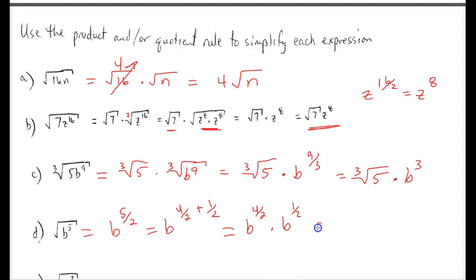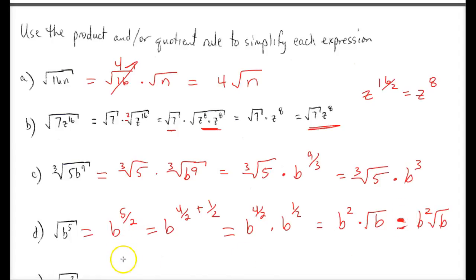And then from here we know that b raised to the 4 divided by 2 is just b squared, and we know that b raised to the 1/2 is just square root of b. And so from there we know that our answer is just going to be b squared times square root of b. Okay, and just write the little equal sign there.